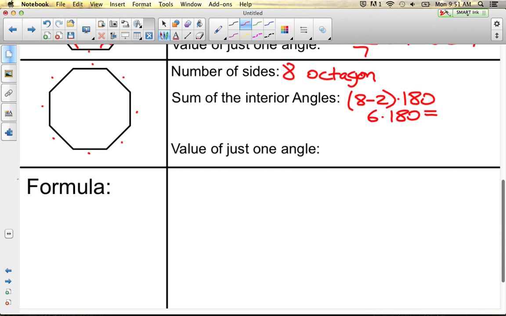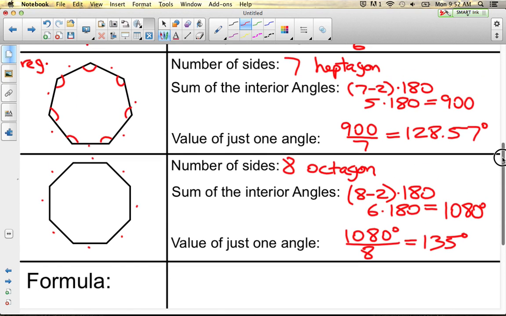Six times 180, what does that give us? 1,080 degrees. And if I just want the value of one angle, we'll take 1080, divide that by 8 sides, and you get 135 degrees.